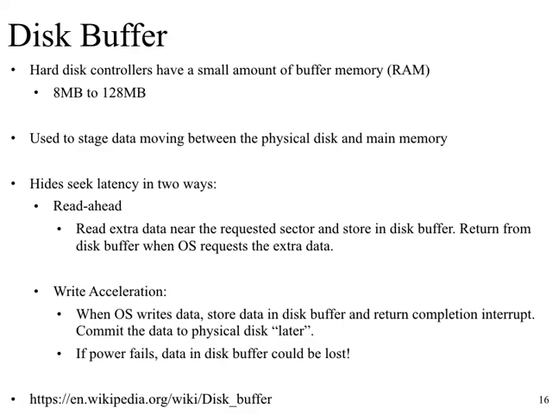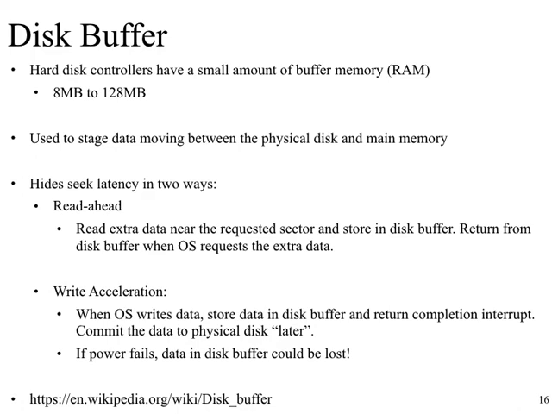The second way that the disk buffer is used is for write acceleration. What this means is that whenever the operating system writes a piece of data to the disk, the disk controller would store this data in the disk buffer and immediately interrupt the processor, acknowledging to the operating system that the data has been received.